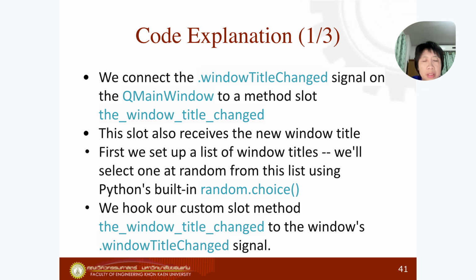And the list has like name, ID, and the string something went wrong. And then we used Python's built-in random.choice method to randomly choose a string from this list. And then the window title changed will pick one of the strings from this list as the title of the window.